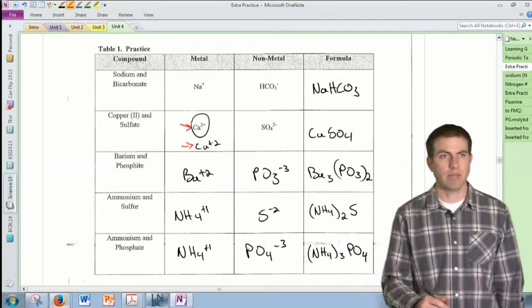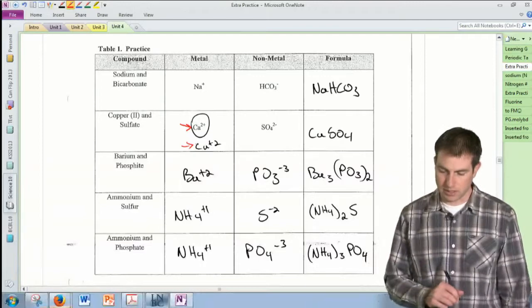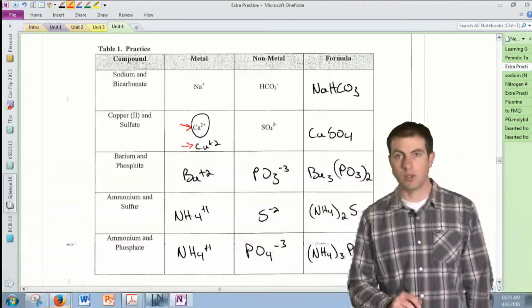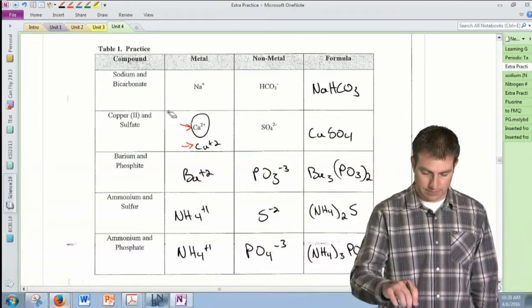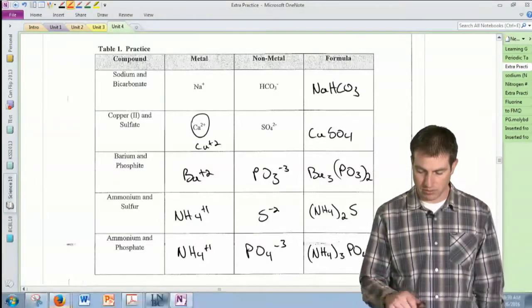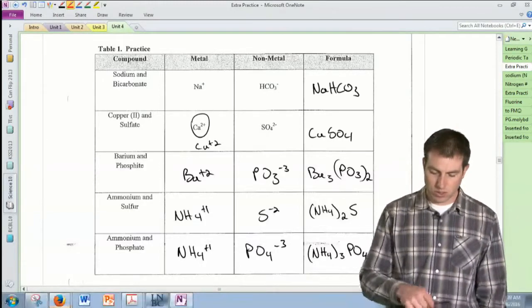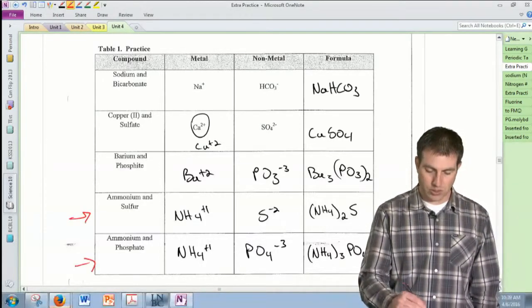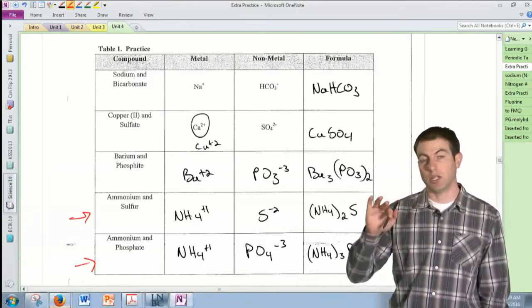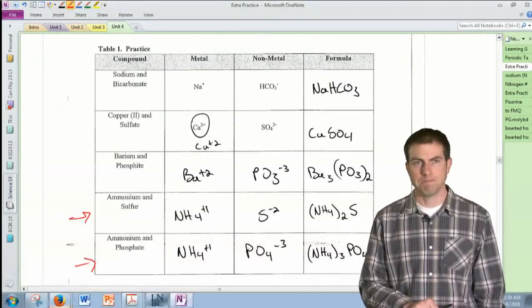Not a major thing, it happens that Ca and Cu both have a charge of +2, so not the end of the world, but maybe just check that to make sure you haven't done that. The ammonium ones at the bottom are a little bit backwards because you're dealing with the polyatomic ion coming first, having that positive charge.